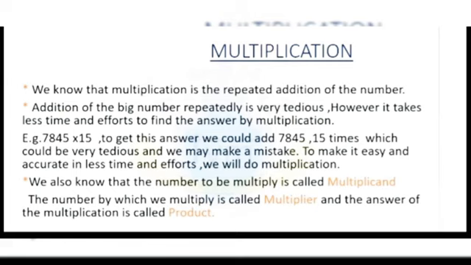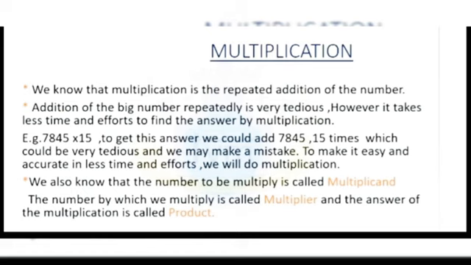For example, 7845 multiplied by 15. To get this answer, we could add 7845 15 times, which could be very tedious and we may make a mistake. To make it easy and accurate in less time and effort, we will do multiplication.